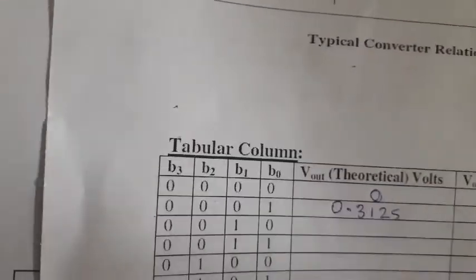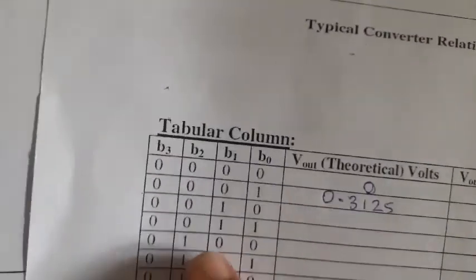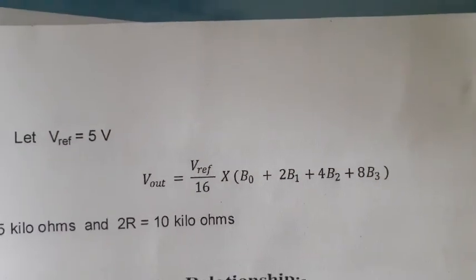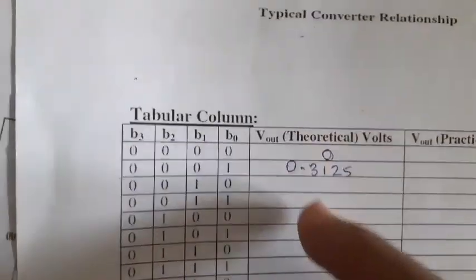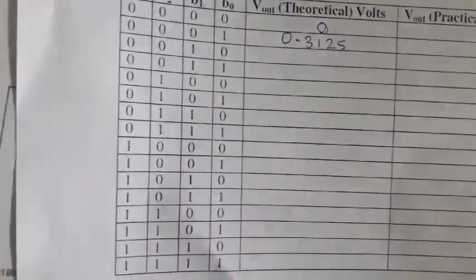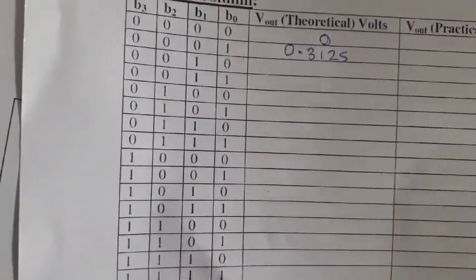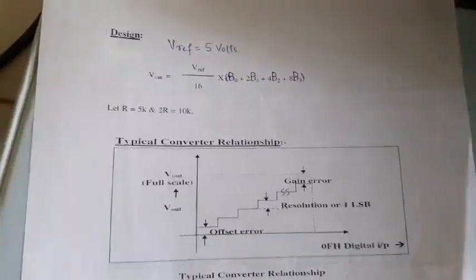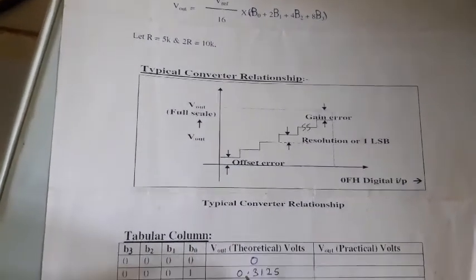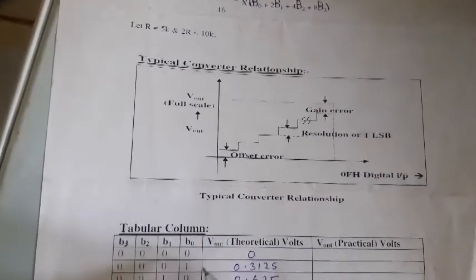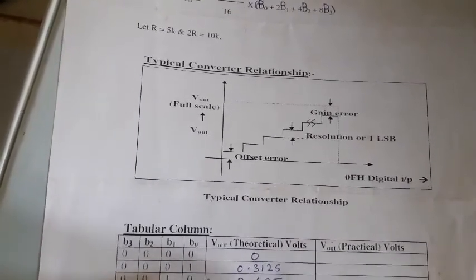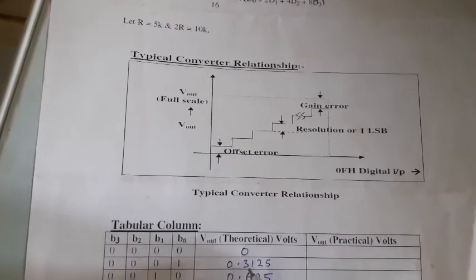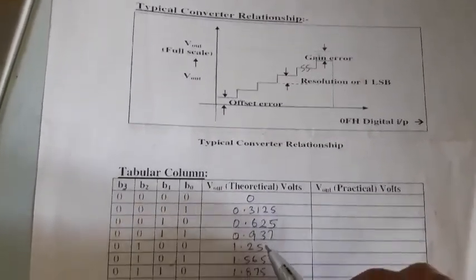Like this, go on substituting these bits, digital inputs, into your Vout formula and fill all the theoretical voltages for all these digital inputs. If you go on increasing your signals in order, bit by bit, you will get these theoretical voltages.